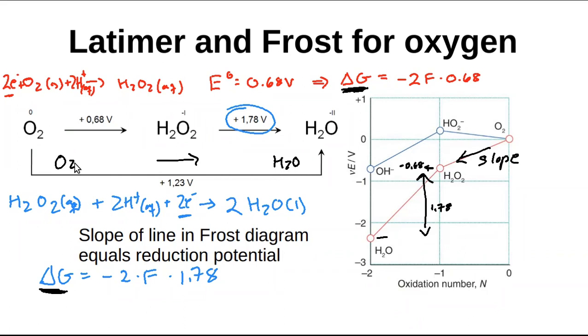In order to balance this, there are 2 oxygen and only 1 here, so we use 2 water. Now it's balanced in oxygen, but we still have the hydrogen, so we need 4 H plus. Now it's balanced in all atoms, but not the electrons, so we need to add 4 electrons. This is the reduction potential 1.23.